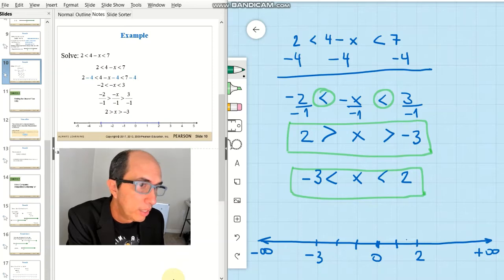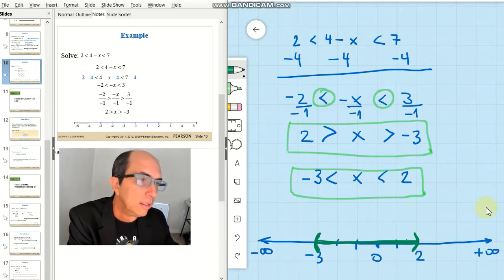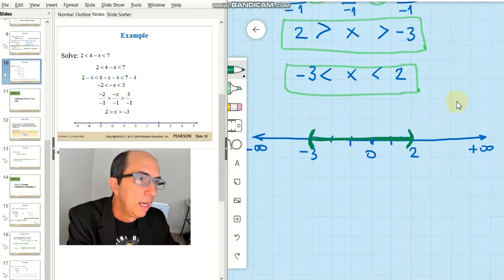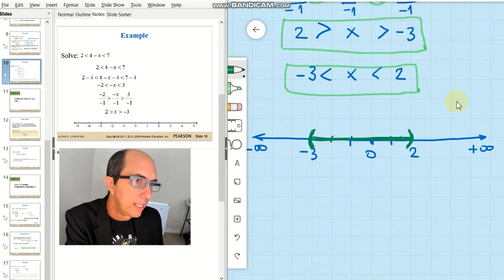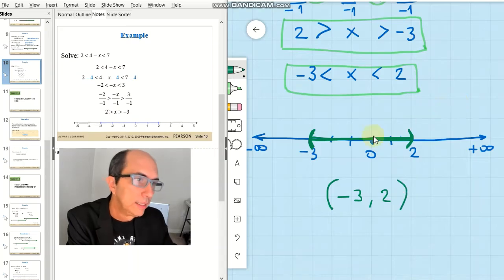So since we don't have the equal sign here, it's parentheses. And on the side of the 2 is the same thing. It's less than 2. There's no equal sign. Again, parentheses. And everything in between is included, is part of the set. We also can represent this using interval notation. Parentheses negative 3, comma, 2 parentheses.